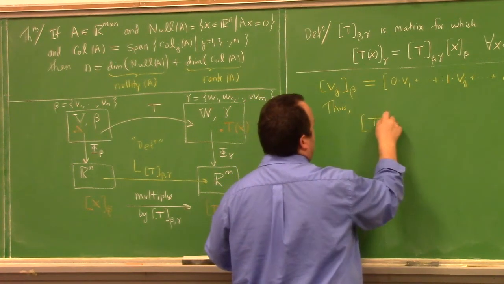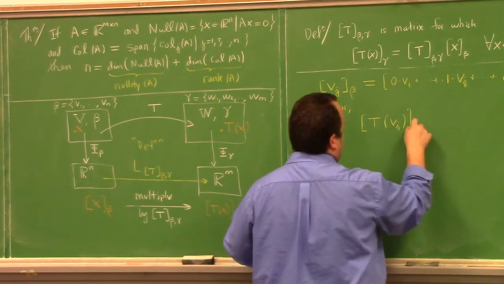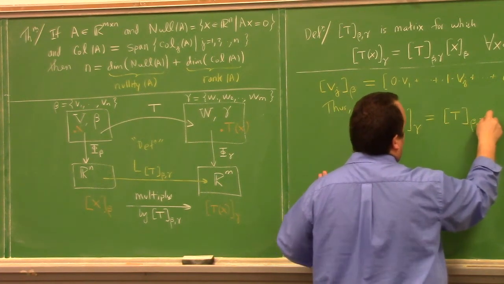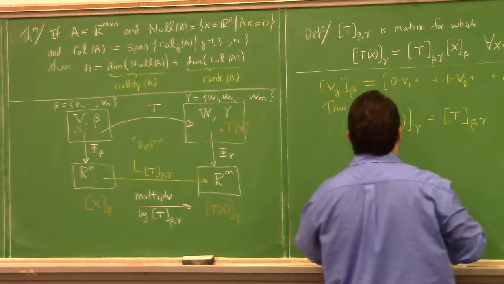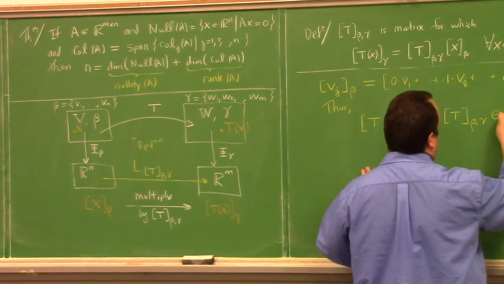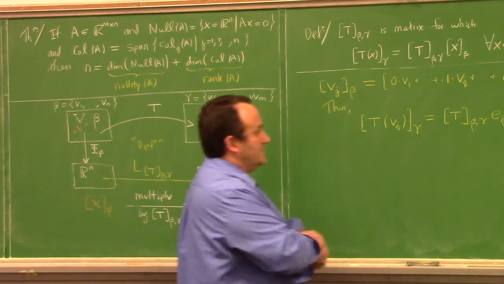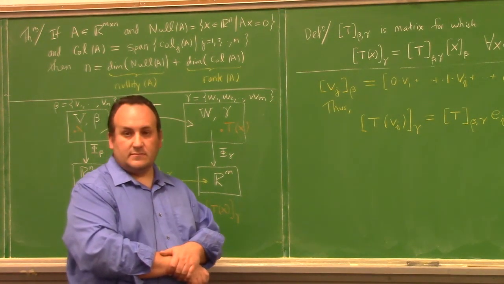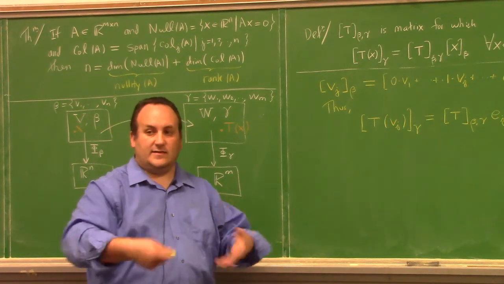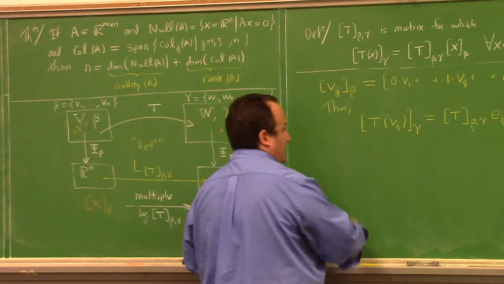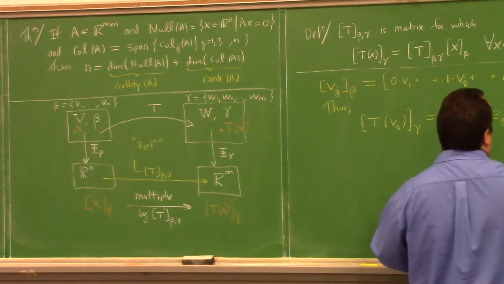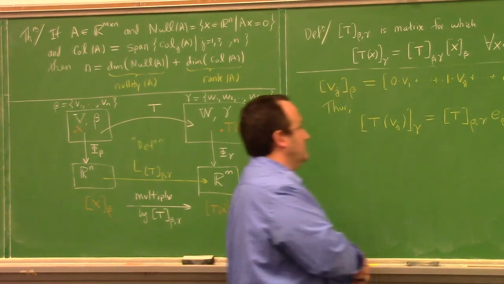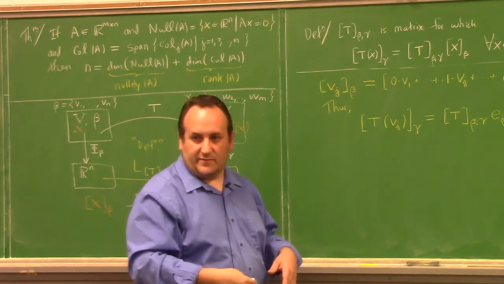The coordinate vector of T of vj with respect to the gamma basis is equal to matrix T beta gamma times the coordinate vector of vj, which is ej. But remember, any matrix times ej is the jth column of the matrix. So this is column j of this matrix I'm trying to describe. Oh, so there you go. That's a formula for the matrix.